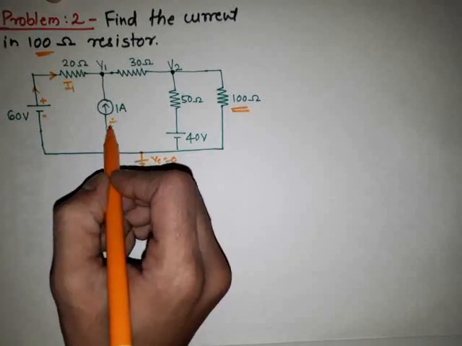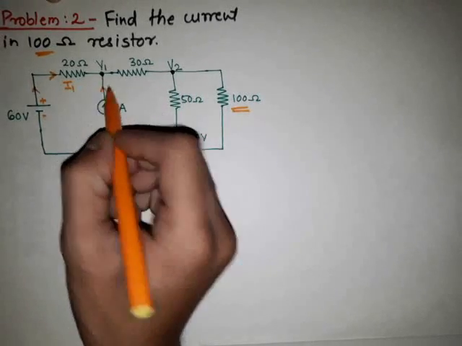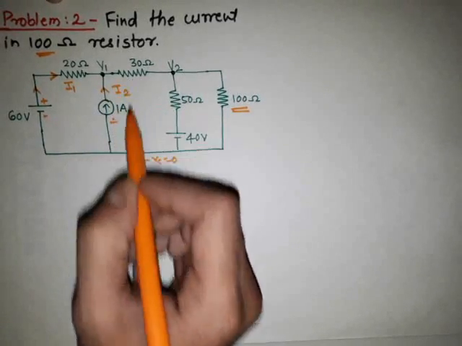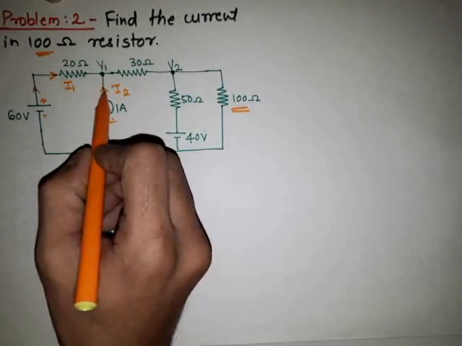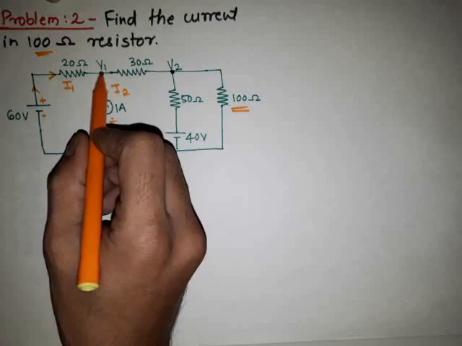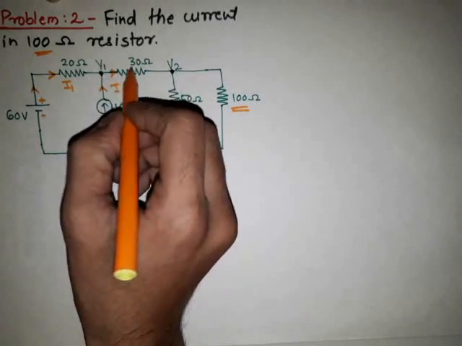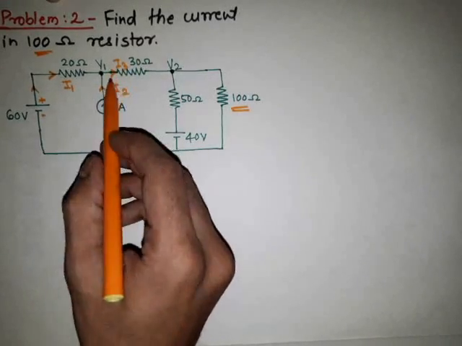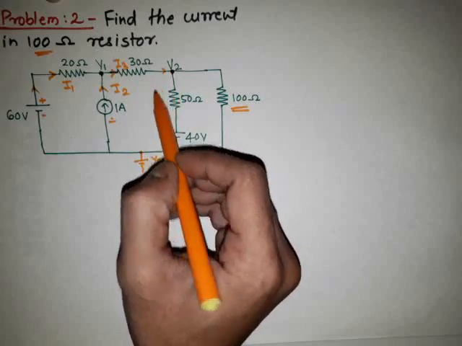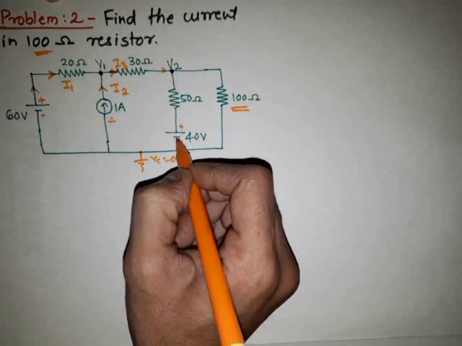See here, this is the current source and the direction of the current source is also given. So suppose this is the I2 current, and these two currents I1 and I2 are meeting at the node V1. Suppose the current outgoing through the 30 ohm resistor is I3. Then this I3 current is coming to the node V2. Again here, this is the 40 volt source with the positive terminal here.